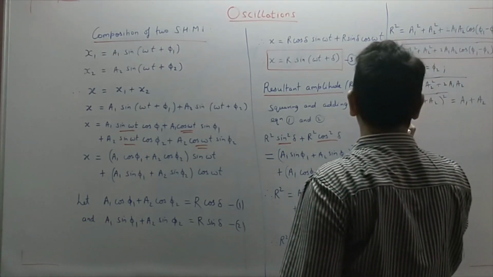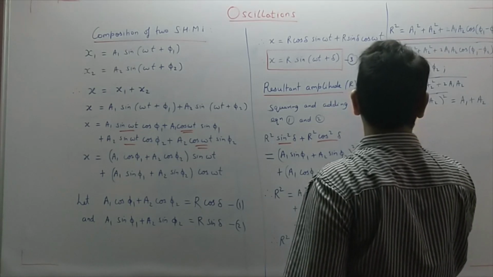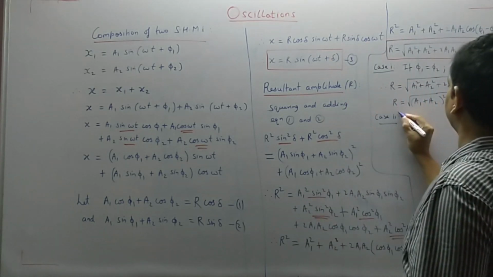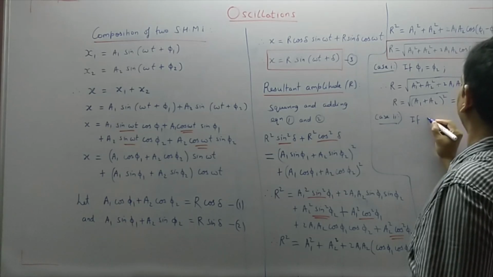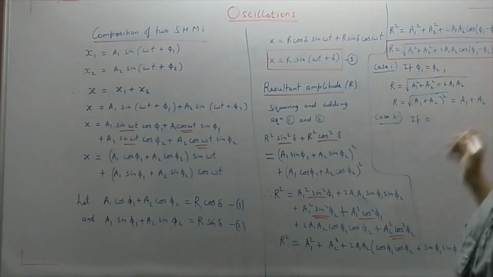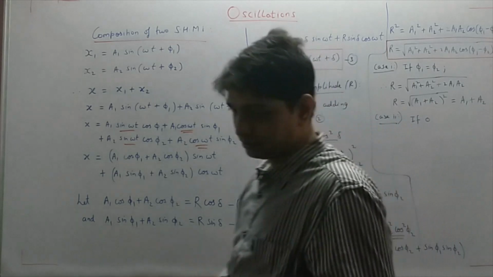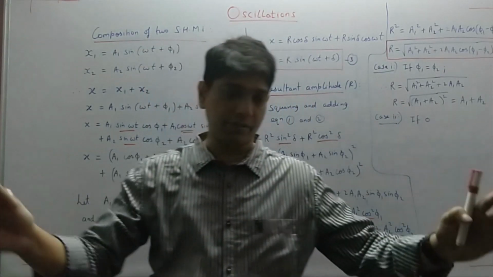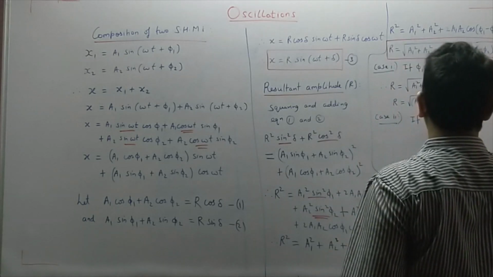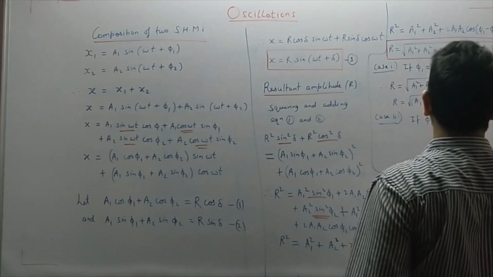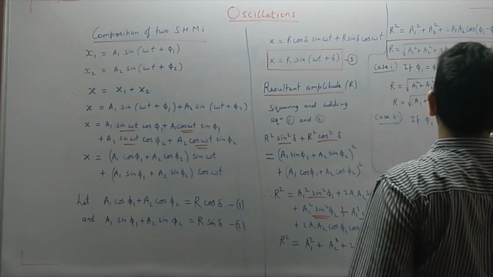Case 2: if they are in the opposite phase. What is the meaning of opposite phase? The phase difference is 180 degrees. Phi 1 minus phi 2, here it was 0, and here it is 180.